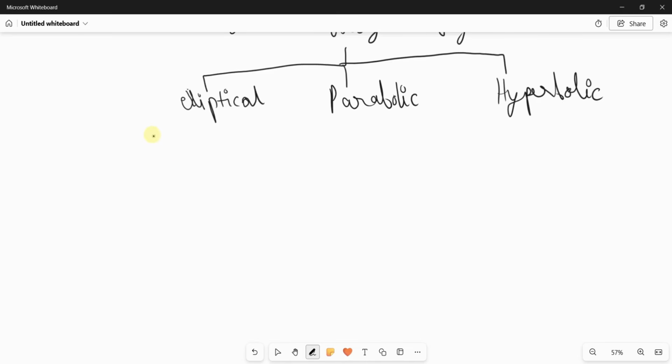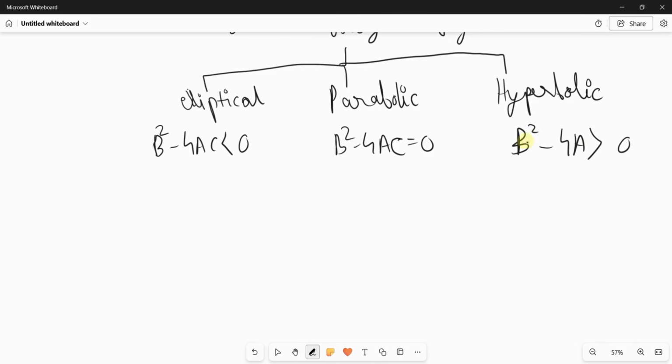So in elliptical, you have this condition that b² minus 4ac is less than 0. Again, 11th standard, 12th standard mathematics. Here b² minus 4ac is equal to 0, and here b² minus 4ac is greater than 0, right? And now you have a few constraints like ∂²u/∂x² plus ∂²u/∂y² equals 0.